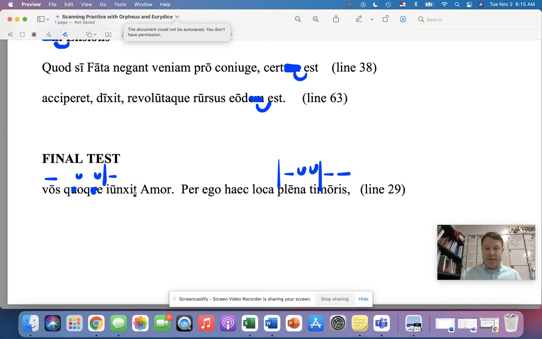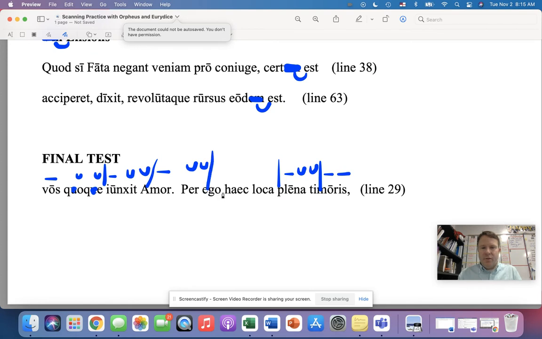Now remember here, T with an A in front or after it. So short, short with just the M. Now here's an R and a P. So liquid L or R could be long or short, but we need it to be long. It's the first syllable in the foot. Now here's R with an E. Okay, so that's short. That's easy.